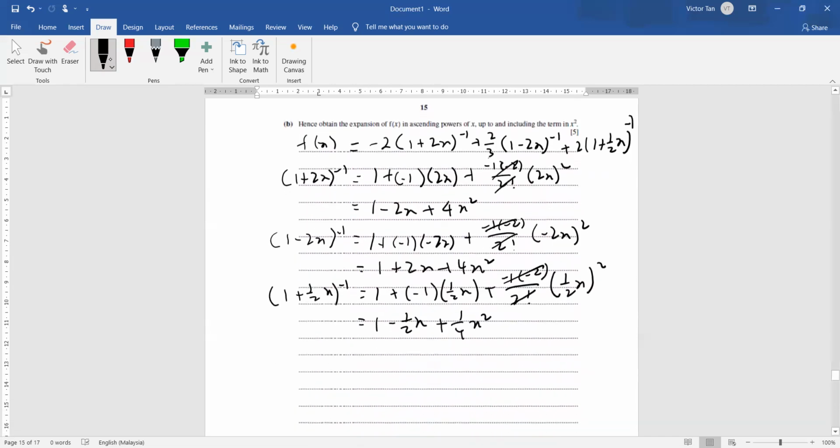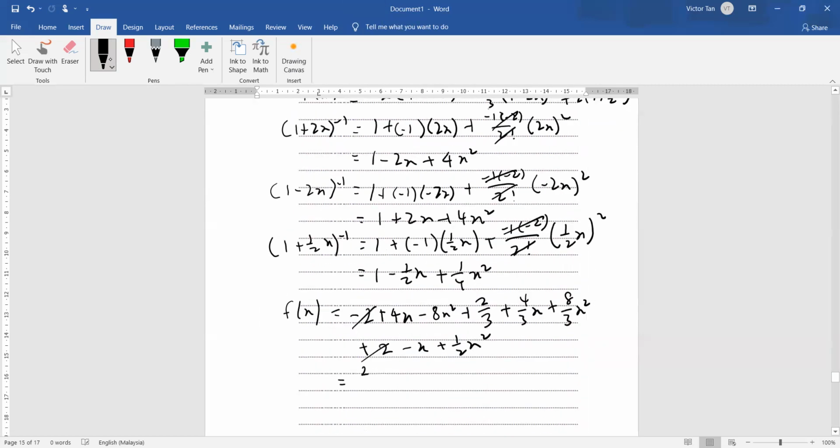Okay, now f(x), expanding, multiplying the first by minus 2, you get equals to minus 2 plus 4x minus 8x squared. Plus, multiplying the second one by 2 over 3 is 2 over 3 plus 4 over 3 x plus 8 over 3 x squared. Plus, multiplying by 2, minus x plus x, so this one can cancel off.